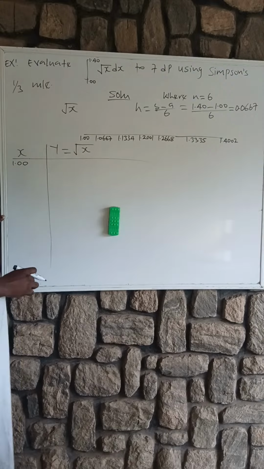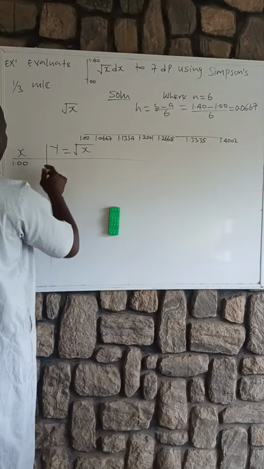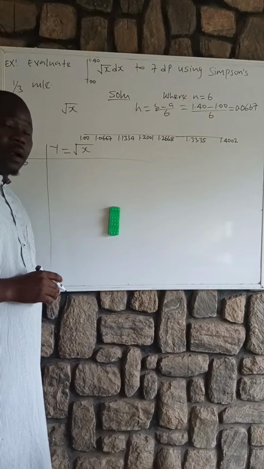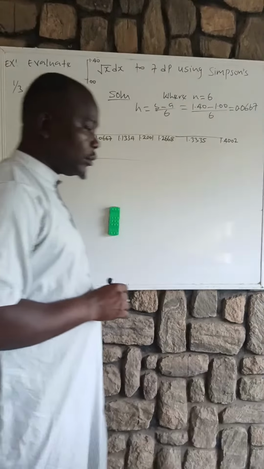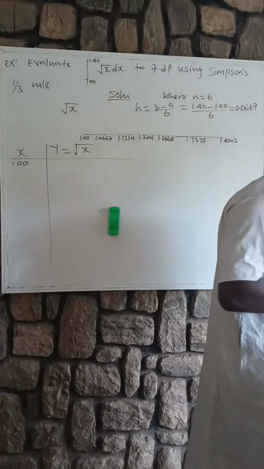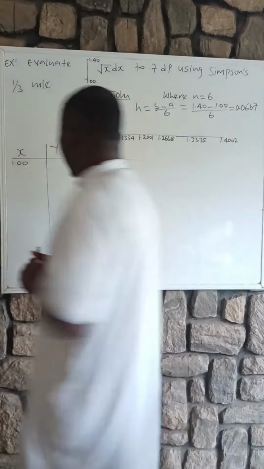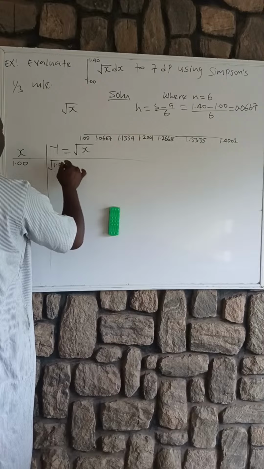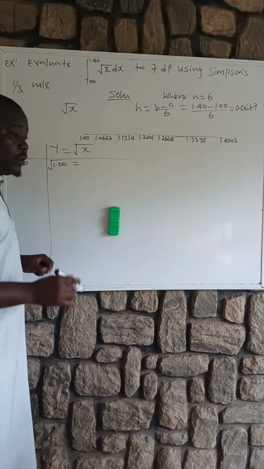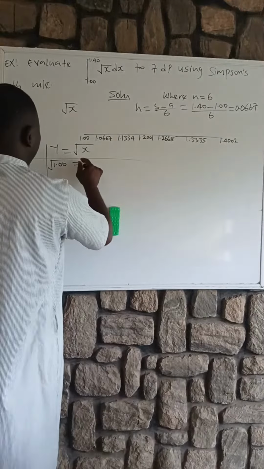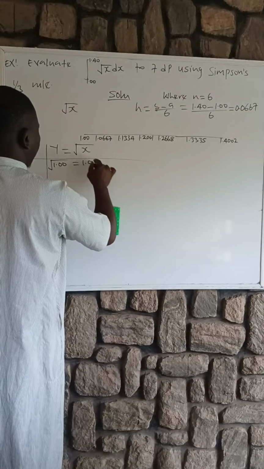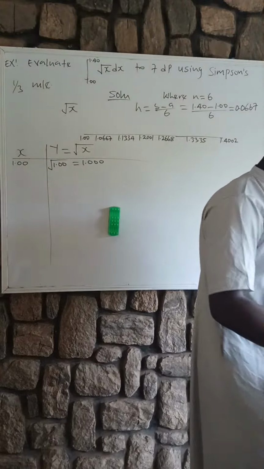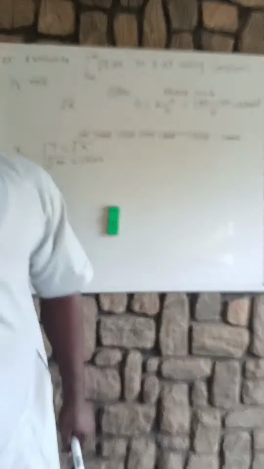Is that clear? So y equals the square root of 1.00, and the square root of 1.00 is still 1.00. Is that clear? Press your calculator. Just press your calculator.